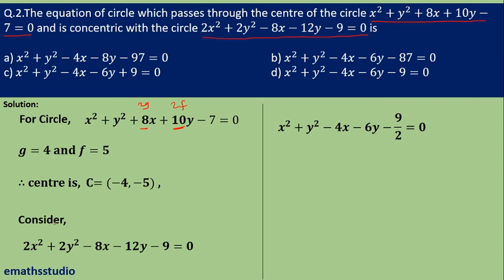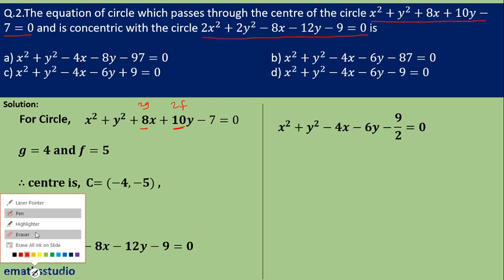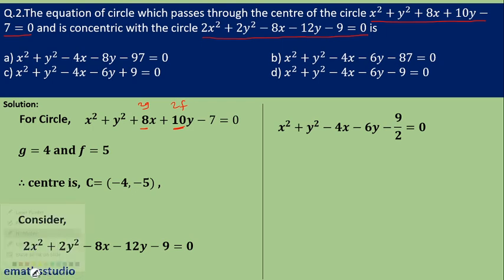Now try to understand, in the question they have mentioned that the required circle is concentric. Look at this one. It is concentric with this circle. For concentric circles, we have discussed that if two circles are concentric, they have all terms the same except the constant.